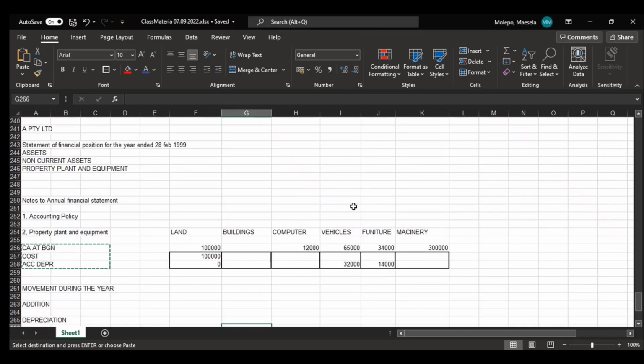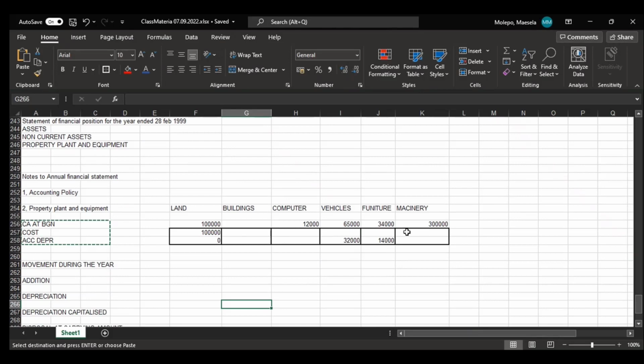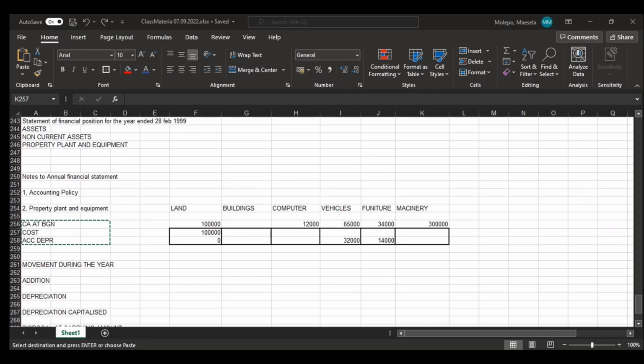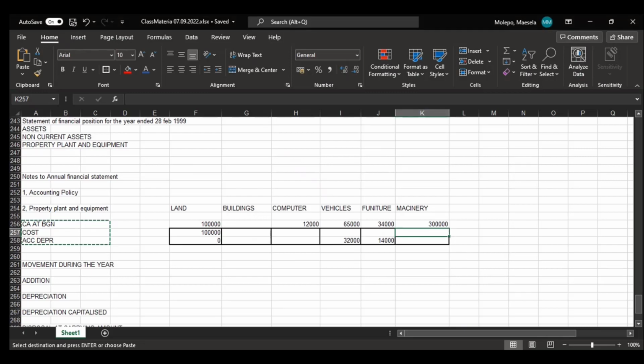So it means whatever we see here on machinery, the machinery didn't give us any other value except 300,000. So machinery and plant carry amount is 300,000. How does it depreciate? The machinery is depreciated at 20% on a straight line.